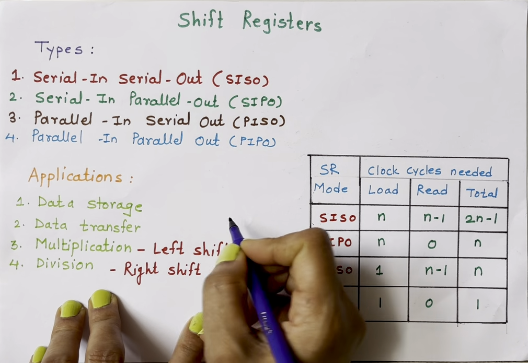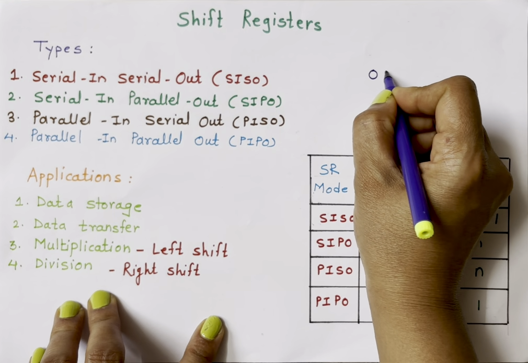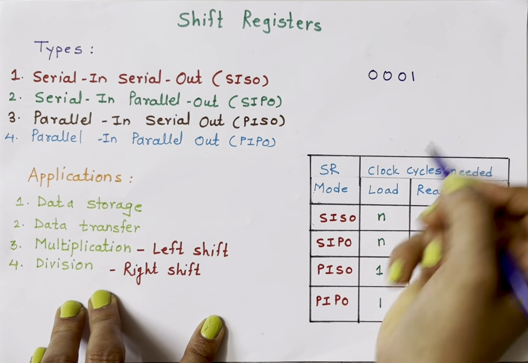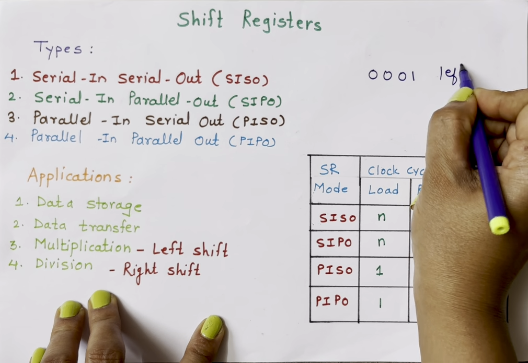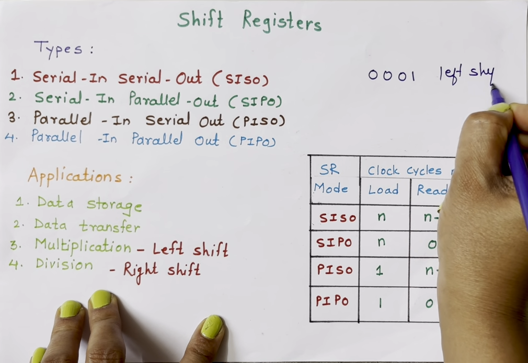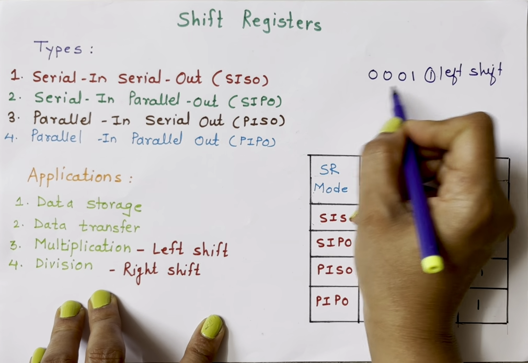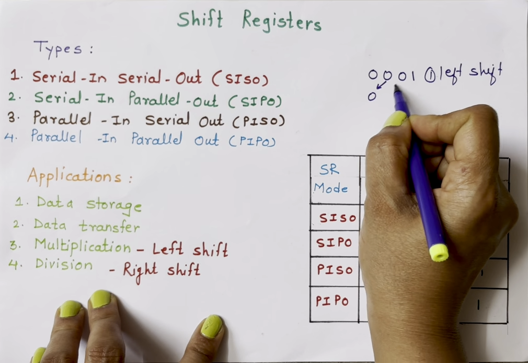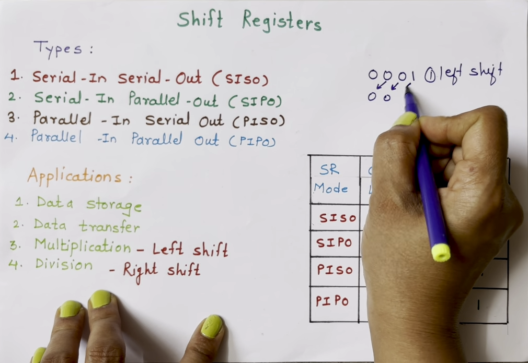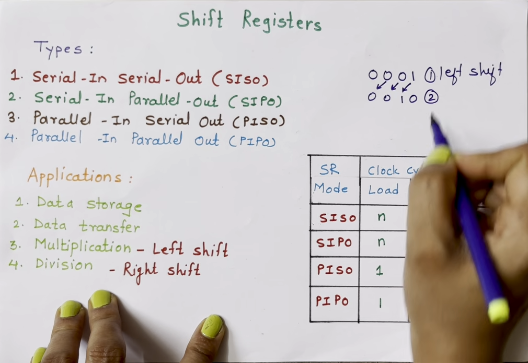So if my data is 0001 and I perform a left shift operation, 0001 means what? 1. If I shift data towards left, then this 0 will come here, this 0 will come here, this 1 will come here and this is 0. Now this becomes 2.